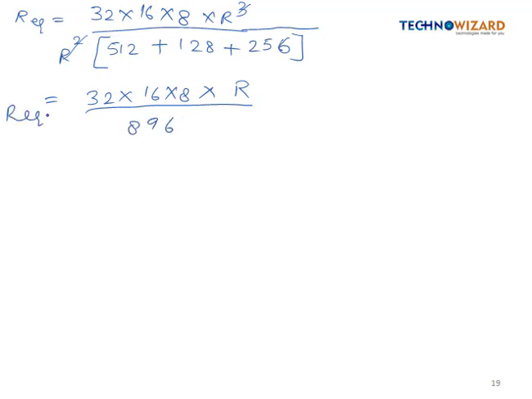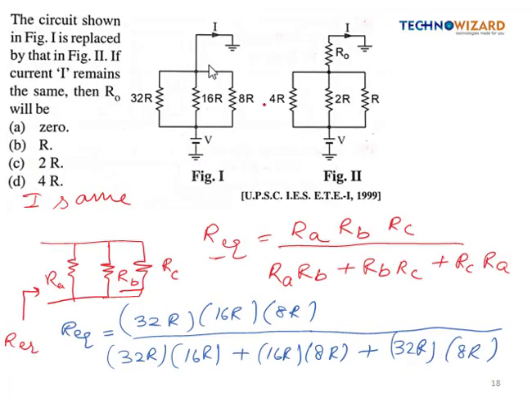So we are getting the value of R equivalent as 32 by 7 R. So from here we have calculated the value of R equivalent as 32 by 7 of R. Similarly, from figure 2 also we can calculate the value of R equivalent, and then we will add R naught.